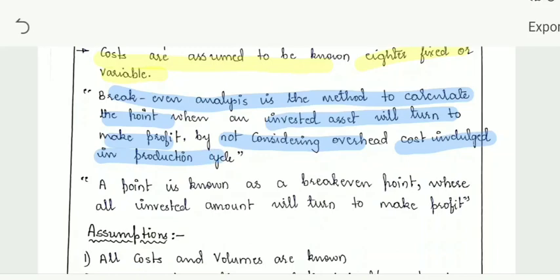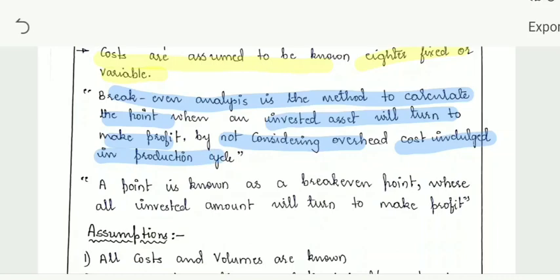Now, recap: the cost function means what? We have three factors, that is the sales volume, cost and profit. It aims at classifying the dynamic relationship between the existing total cost and sales volume of a company.